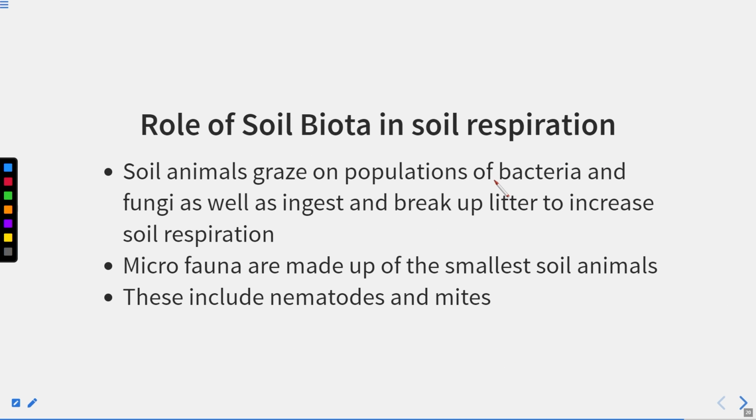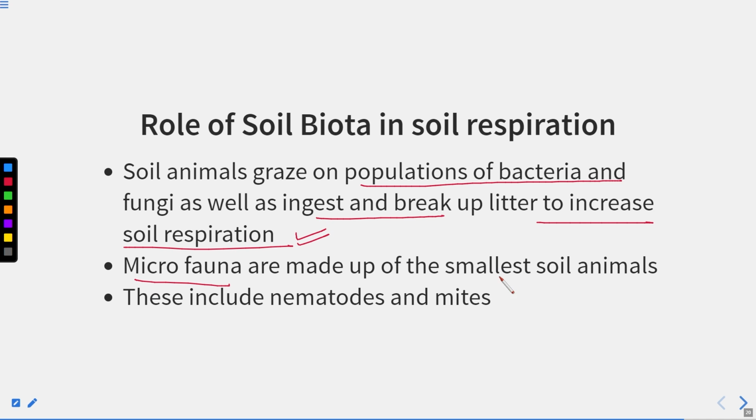Role of soil biota in the soil respiration. So soil animals graze on the populations of bacteria and fungi as well as ingest and break up litter to increase the soil respiration. So whatever organic matter is present there, they ingest it and break it up into litter to increase the soil respiration.